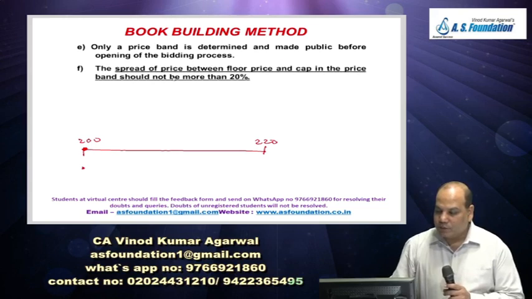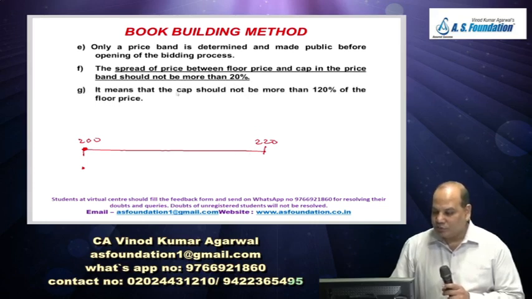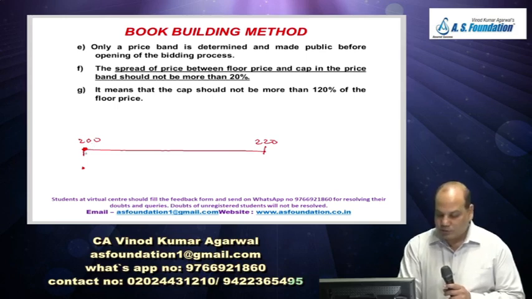The spread of the price between the floor, in our example 200, and the cap, 220, should not be more than 20%. This is a regulation right now. It means the cap should not be more than 120% of the floor price. So for example, if I ask you what can be the upper limit in this case, 240.